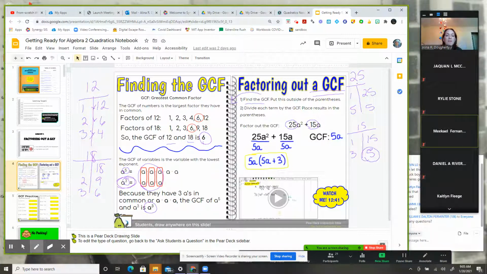So my greatest common factor is a 5. And then a squared and a, this a to the 1 power is my smallest exponent. So that's what I divide by. 25 divided by 5 is 5. A squared divided by a is a. So I end up with 5a times 5a plus 3.